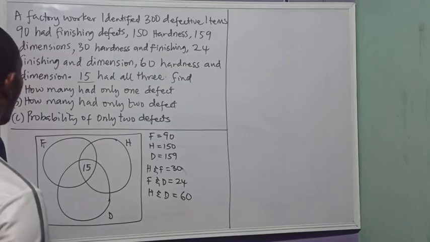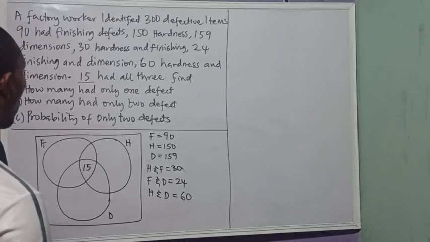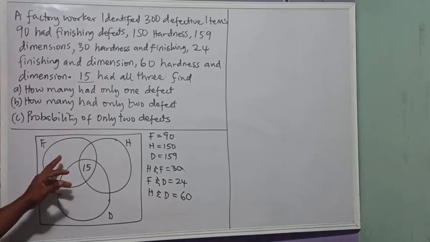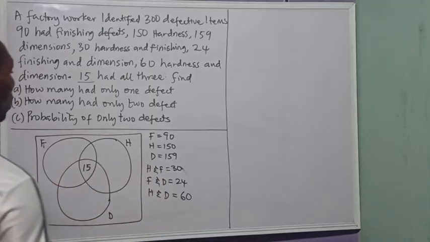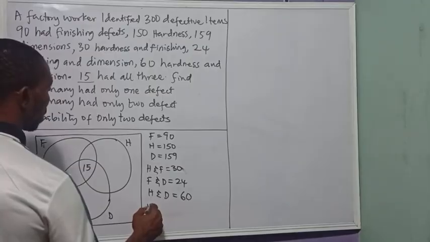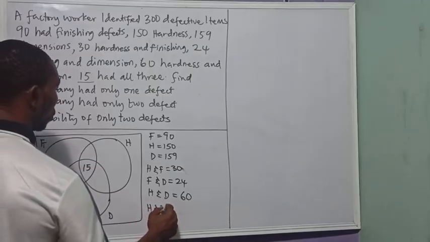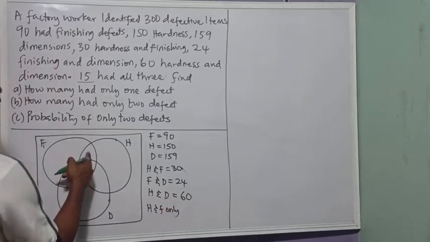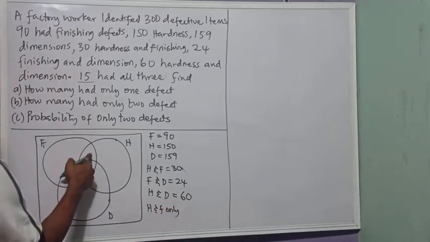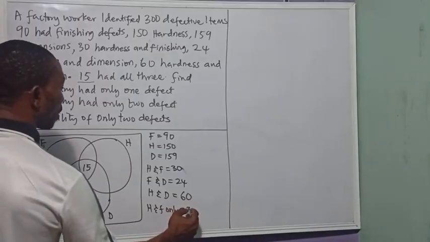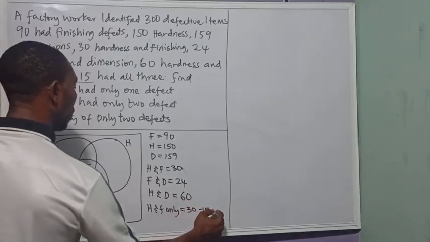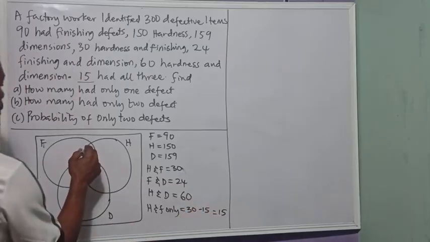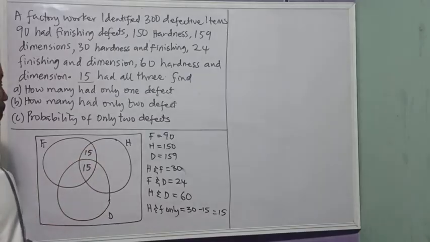Now, for hardness and finishing only, this intersection of hardness and finishing only would be 30 minus 15, which gives us 15. So here we are writing 15.